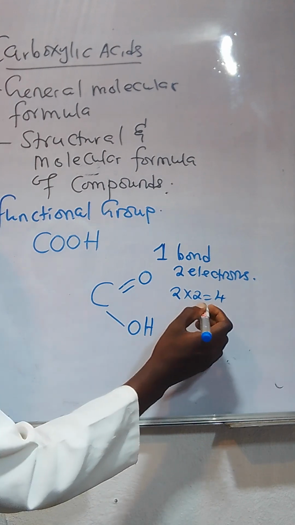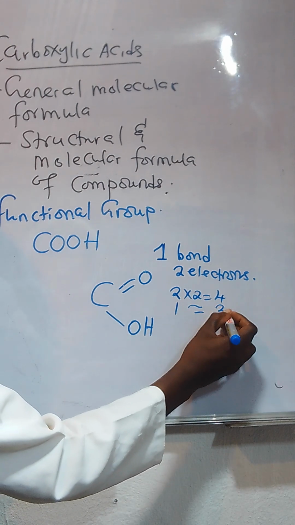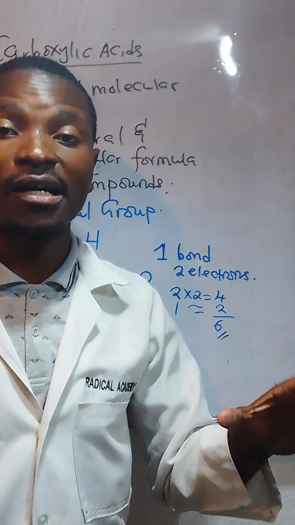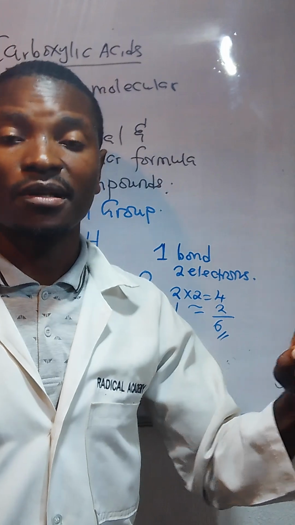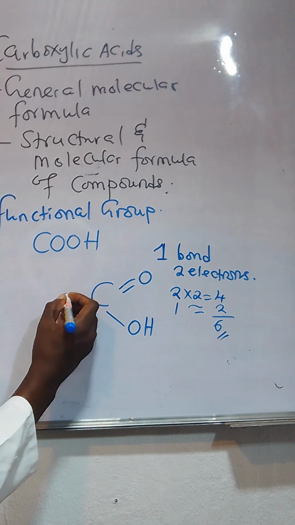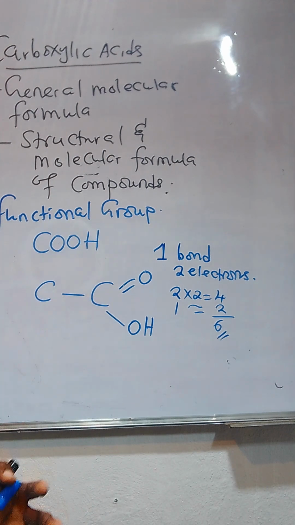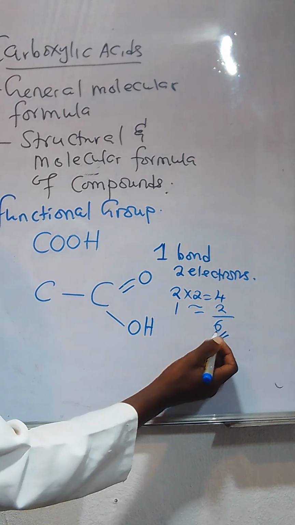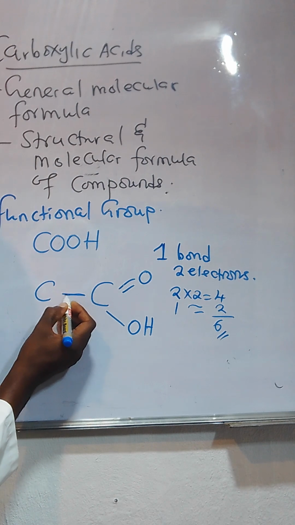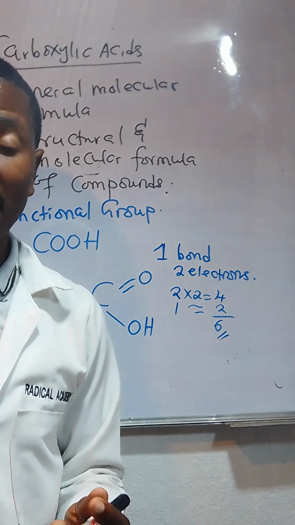So altogether, you can see that this has 6 electrons combined. This implies that when you attach one other bond with another carbon, for example, then this 6 electrons plus 2 electrons forms this 1 bond. So this gives us that this part of the carbon is balanced.